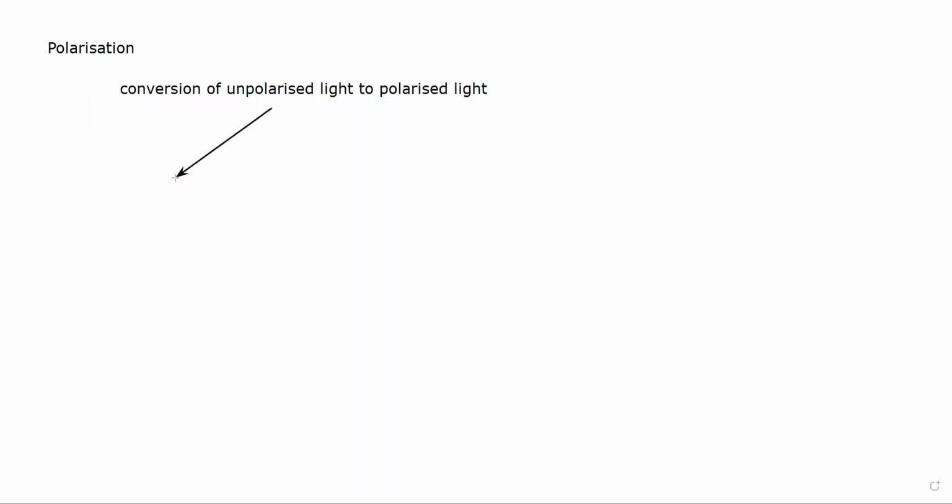But what is the definition of unpolarized light? The simple definition of unpolarized light is oscillations or vibrations in all directions that are perpendicular to the direction of propagation.